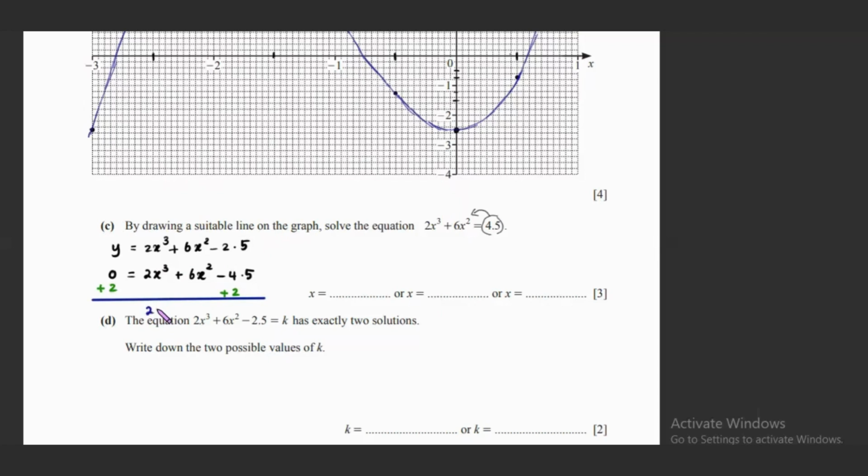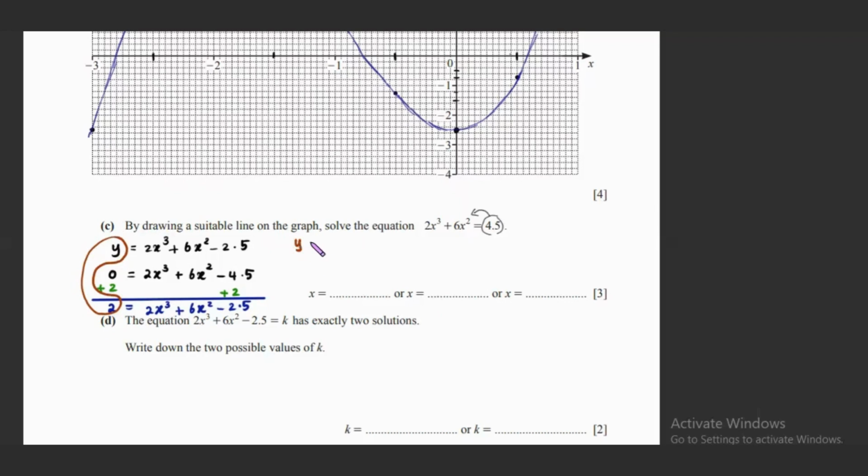So I will have 2x cubed plus 6x squared, minus 4.5 plus 2, which is minus 2.5, and on this side, I'll have 0 plus 2, which is equal to 2. Now the right side of the equation is equal to the equation of the curve, which means here the value of y is equal to 2.